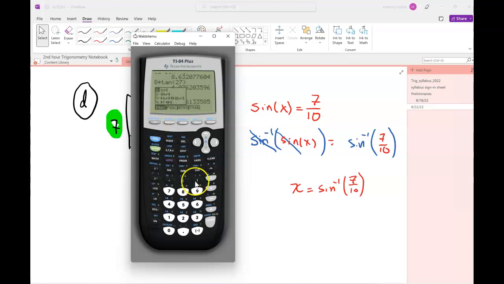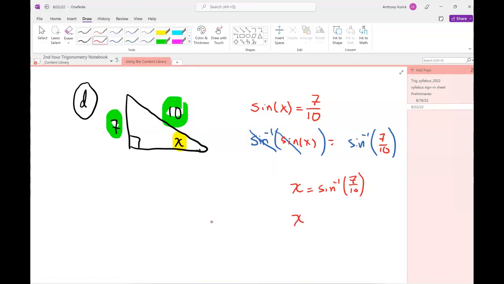I could do alpha y equals, and then pick the first option to do 7 over 10. What should I write here if I want this rounded to the hundredth? 44.43. Very good.